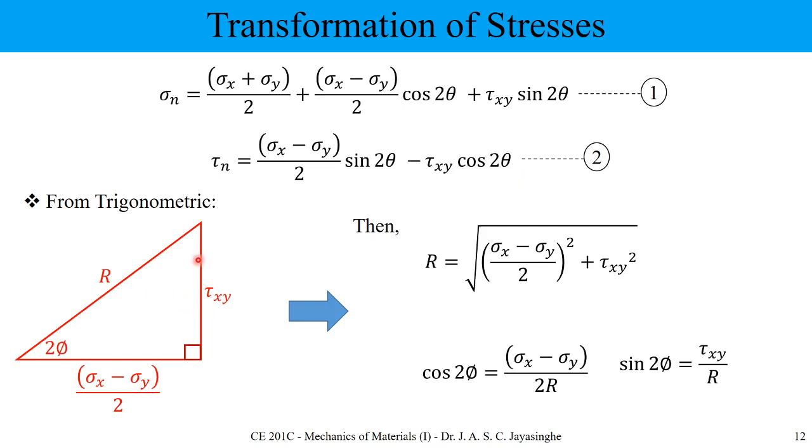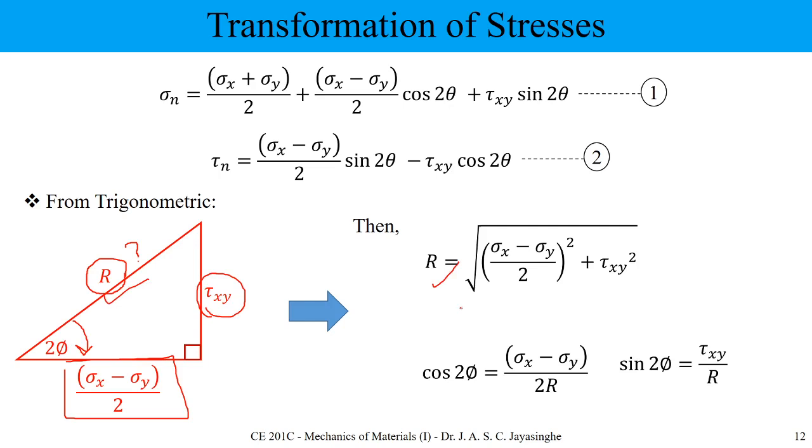Now again, I'm going to shift to a right angle triangle. You know about this one. So I'm going to define here 2 phi actually, 2 phi. And this value, I don't know, I'm putting this value only, not a sign value, and this value this way. If we have these things, you can find R in this manner.